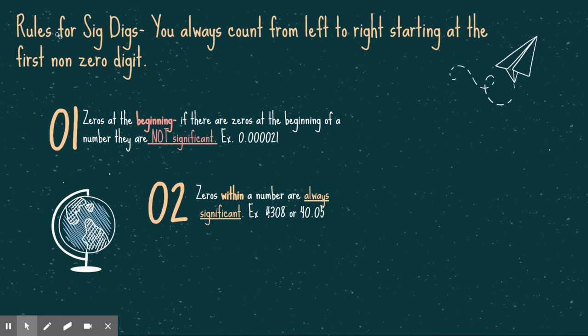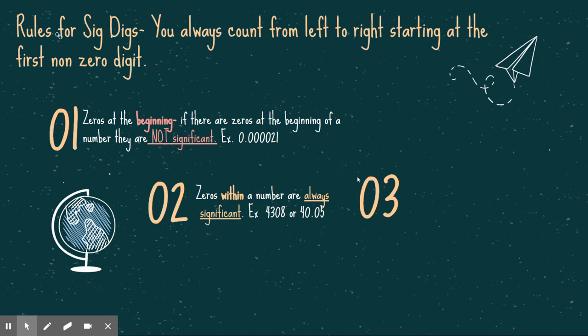Looking at this right away, here's a non-zero. So I have 1, 2, 3, 4 significant digits in this number. If I'm looking at this one, it's 1, 2, 3, 4 as well. Even though there are zeros in between, because it started with a number that wasn't zero, we count all of them. So zeros found within a number are always going to be significant when counting significant digits.